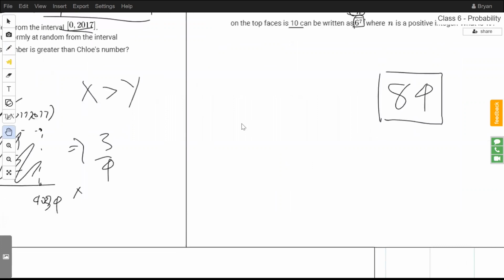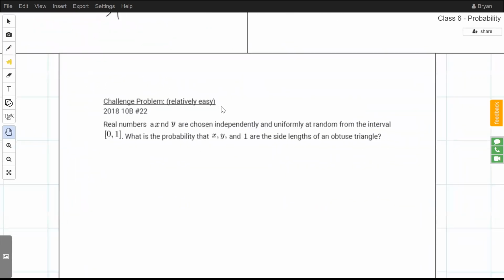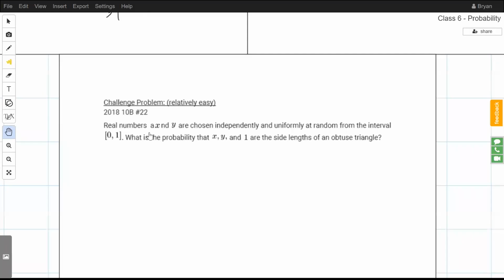But anyway, I want to go to the challenge problem as well. Let's write 2. Real numbers x and y are chosen independently and uniformly at random from the interval 0 to 1. What is the probability that x, y, and 1 are side lengths of an obtuse triangle? I'm not going to solve this one right now, but here are a few hints. This is a geometric probability problem, as you can probably tell.